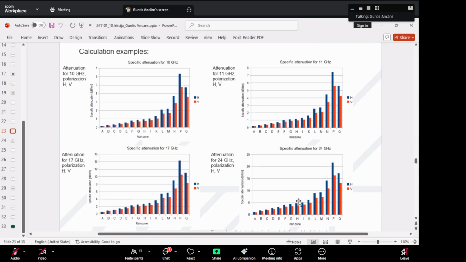But of course, if we take longer radio links, for example 10 kilometers, then this 0 something for 1 kilometer will result in probably some decibels. This is just the difference between vertical and horizontal polarization.